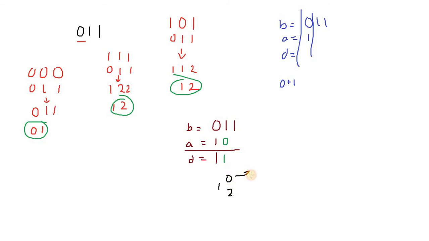To get 0, that would mean that if this value of B is 0, then you have to add 0 here, meaning this value of A would be 0. And to get 2, that would mean this value of B would have to equal 1, and you have to make this value of A equal to 1, so that they're summed up. So that's what you do if this value is 1.